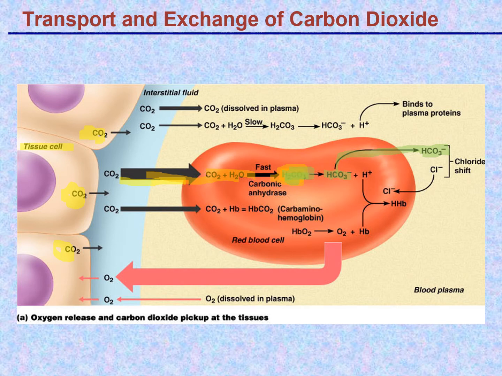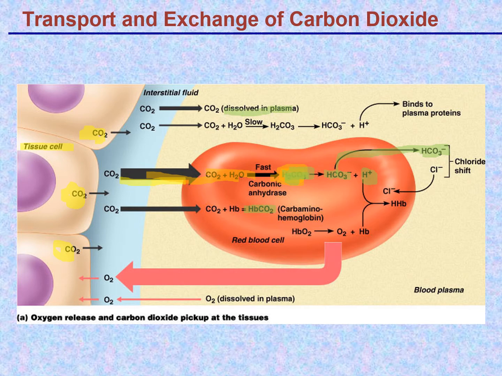At the same time, hydrogen ions are produced. Some can bind to hemoglobin molecules, but it's not that important. As I said earlier, about 20% of the carbon dioxide is bound to hemoglobin, and about 7 to 10% is dissolved directly in plasma.